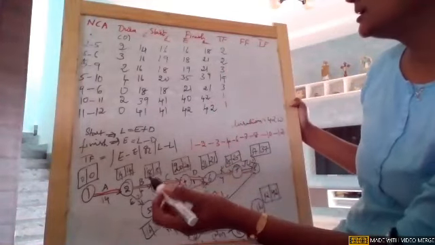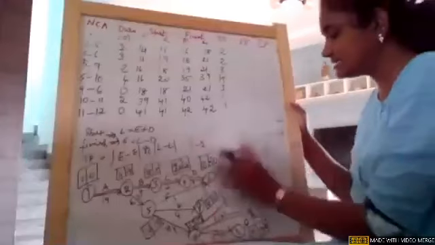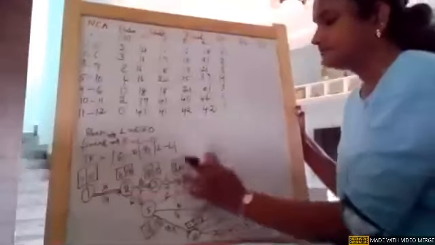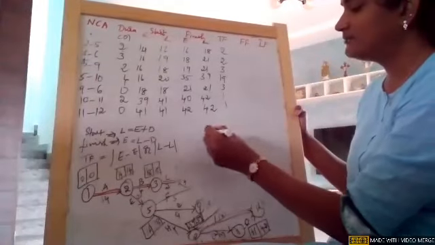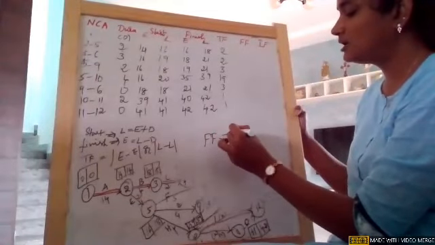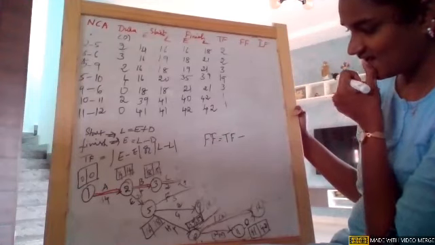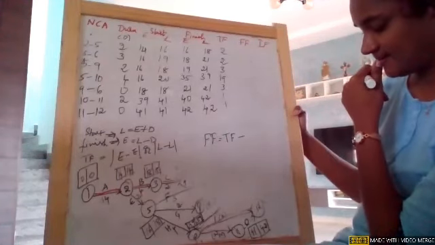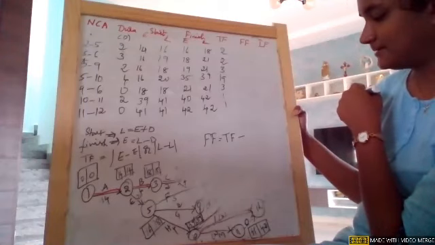Then free float is, now I can erase this. The formula for free float is total float minus head slack. I made a big blunder.